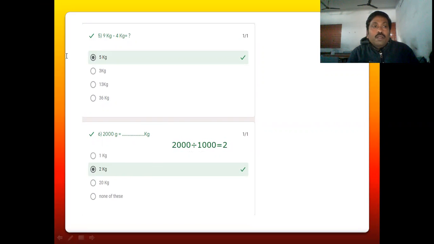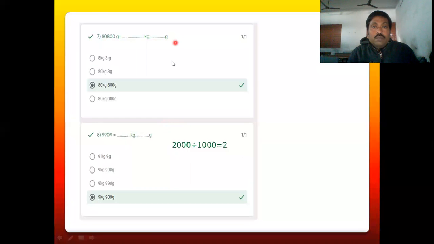See the next question, question number 7. 80,800 gram. How can we change it into kg and gram? In a simple way, we can solve this question. Count the number of digits from the right side. 1 kg is equal to 1000 grams and 1000 gram has 3 zeros.